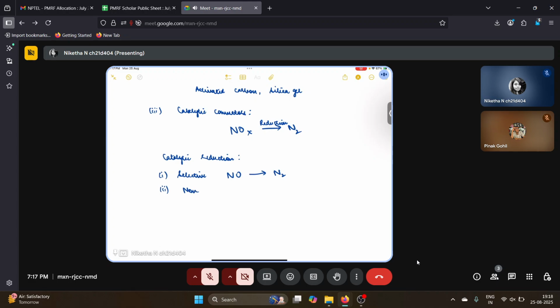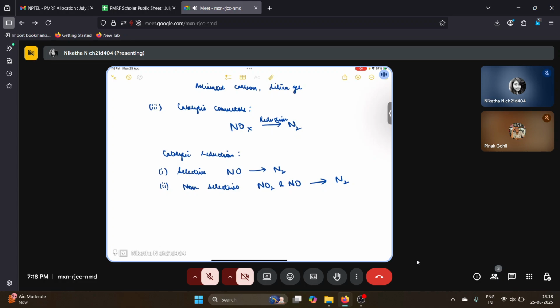Or it can be non-selective, which means both NO2 and NO can be converted to nitrogen gas. So these are the two types of catalytic converters.